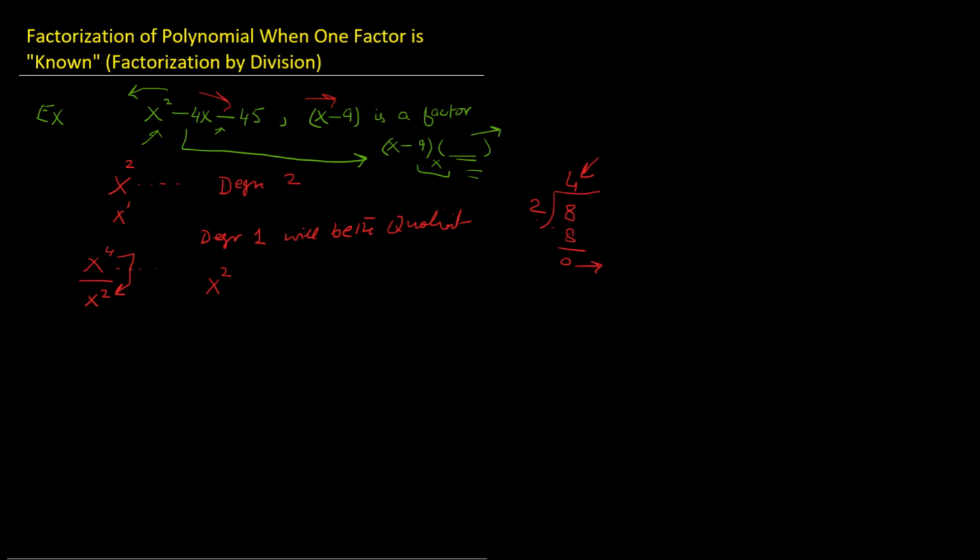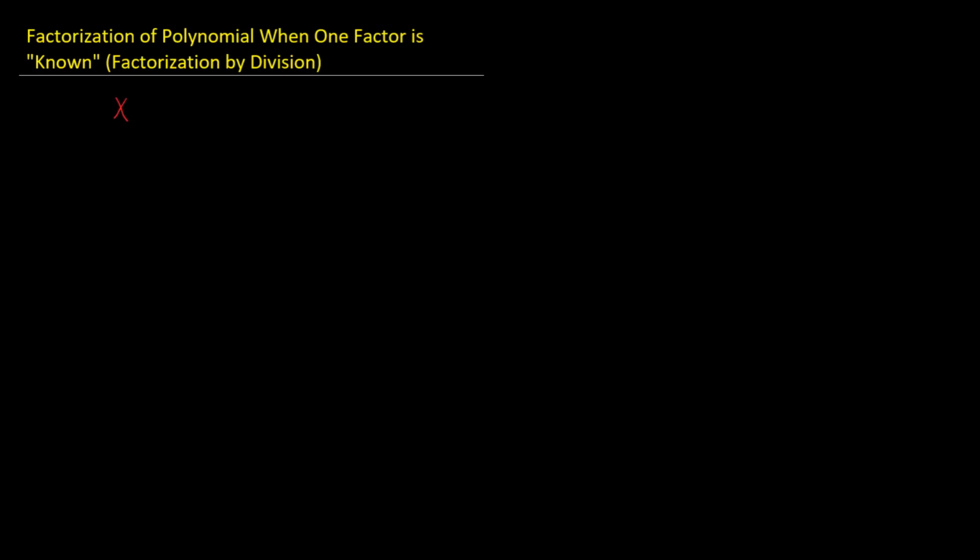So let's do this. I just rewrite this because I have deleted that. x square minus 4x minus 45 and x minus 9 is a factor, and we are factorizing this. Just like ordinary number division, you put the polynomial inside, x square minus 4x minus 45, and you put the factor outside.